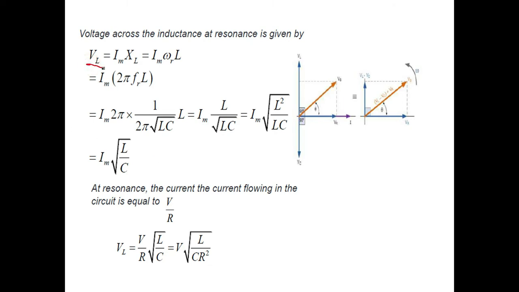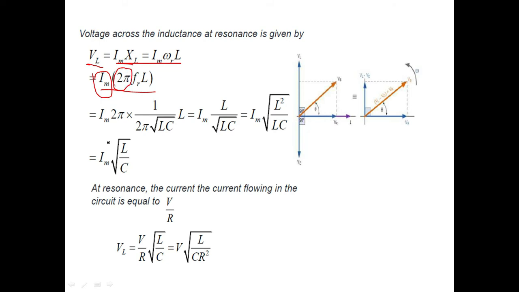The voltage drop across the inductor VL is equal to Im into XL, and XL is equal to omega L. That's why VL is equal to Im into 2 pi fr L. Here the maximum current flowing through the circuit is constant, and 2 pi is also constant.